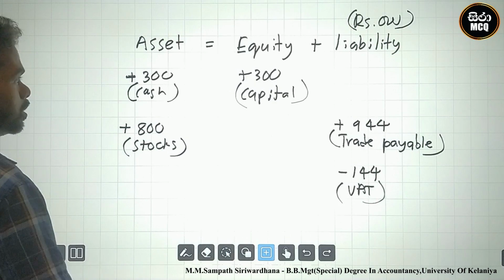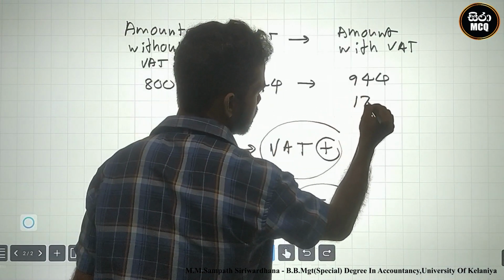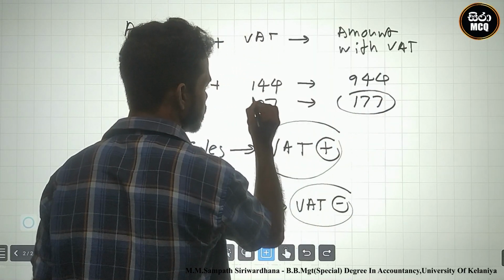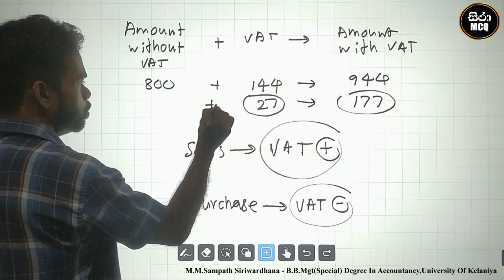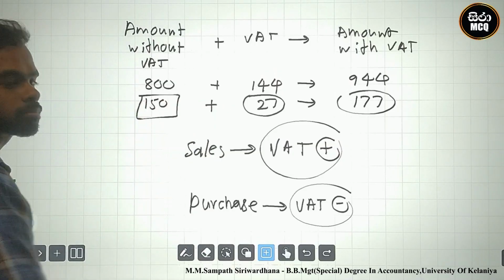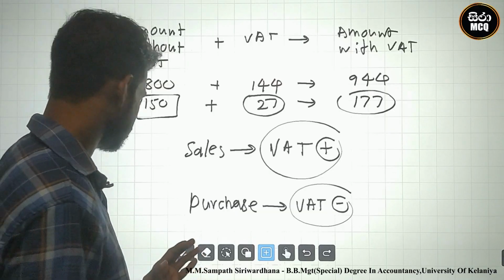Look here, what is the schedule? 177 is there, 27 VAT is there, without VAT is 150.